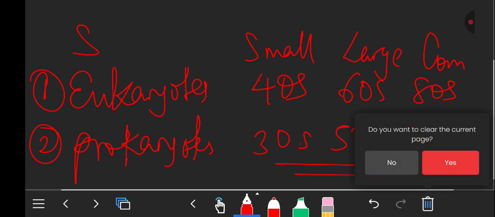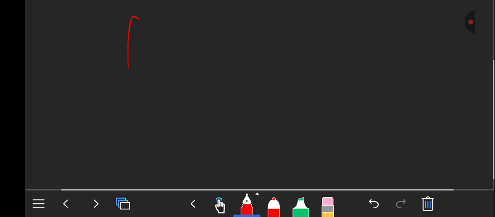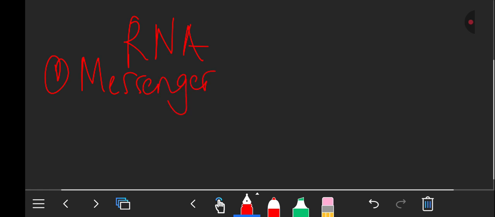Now let's look at this RNA. We'll discover that we have three kinds of RNA. We have what is called messenger, which is abbreviated as mRNA, messenger RNA.